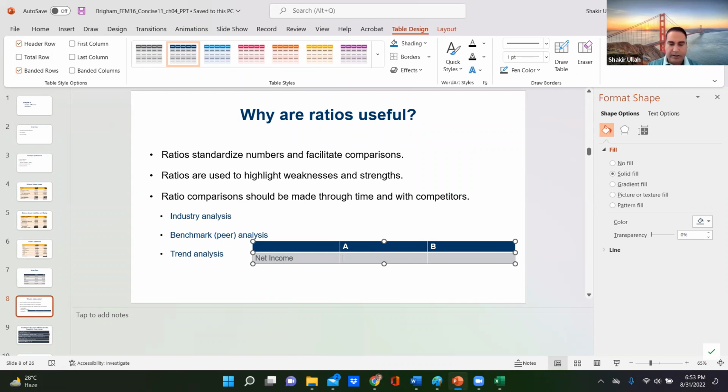Company A earned 100,000 in net income, and company B earned 500,000 in net income. Which company is good? A or B? A earned 100,000, B earned 500,000. It's all relative.